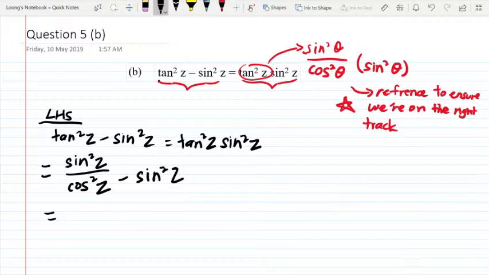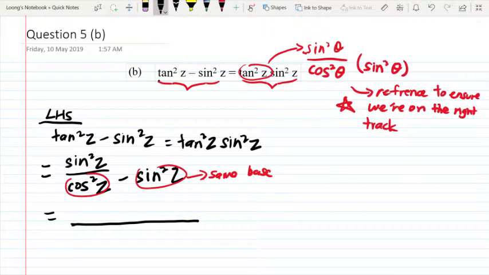And now we need to change these two to the same base. So it's by multiplying cos square on the sine square there, and eventually we'll get a fraction with the same base, sine square theta cos square theta.